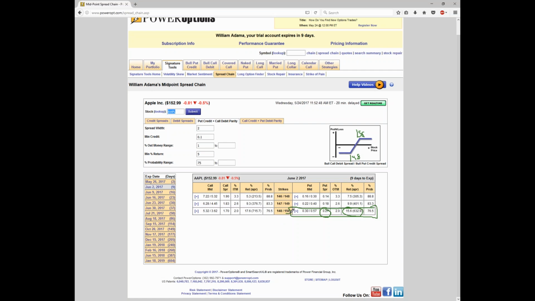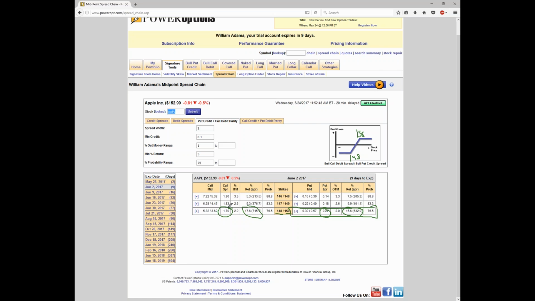If I sold the 150 call slightly in the money and bought the 148, I'd have a debit of 170 using the midpoint. But with a 2-point difference in strike prices, if the stock stays above 150, same risk-reward profile as my bull put credit spread, I'd be able to get $2 back by closing the spread, which means my net return would be 30 cents or 17.6.